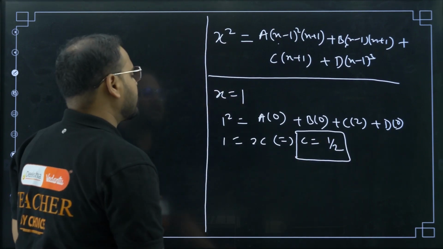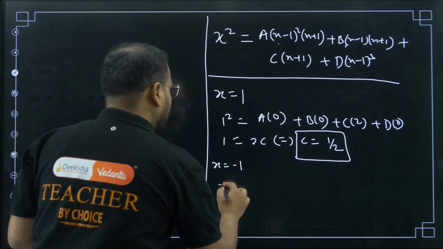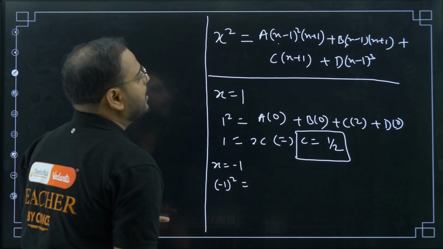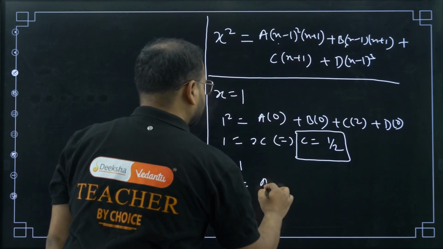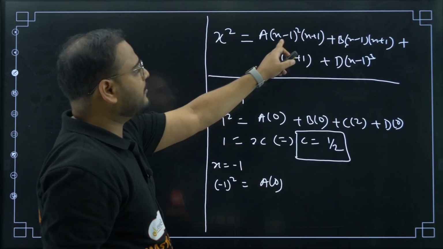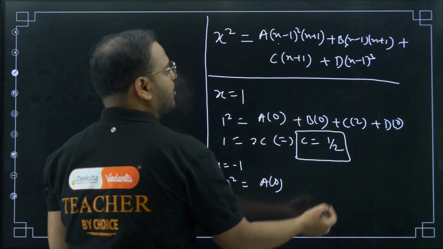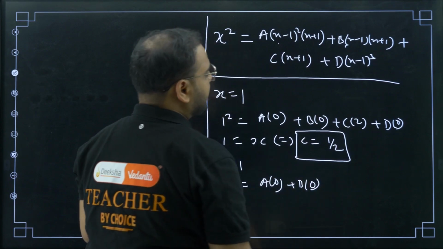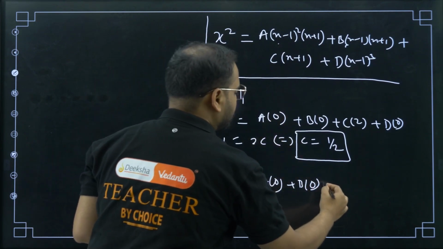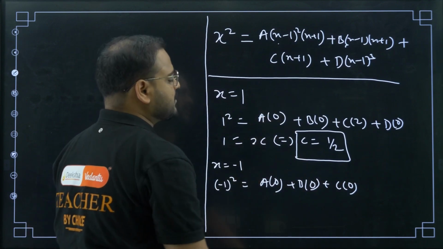Okay. Now I'm going to put x equals to minus 1. I get minus 1 the square equals to, again here 0 because x plus 1 is there. So a times of 0. Because if one of the brackets is 0 the whole thing will be 0, because product is there. Over here also 0, so b times of 0. Over here c times of 0 because I'm taking minus 1. What about the last one?